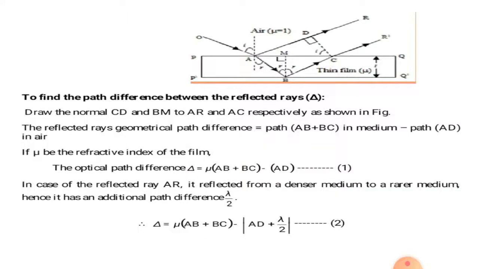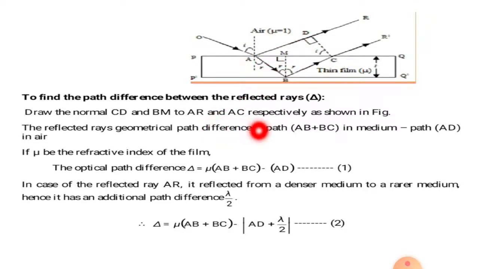To find the path difference between the reflected light rays, draw normals CD and BM to AR and AC. Next, the path difference is equal to the path in medium minus the path in air. So, the path in medium is AB plus BC, minus the path in air, which is AD.